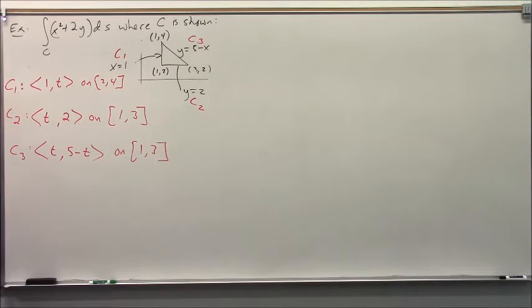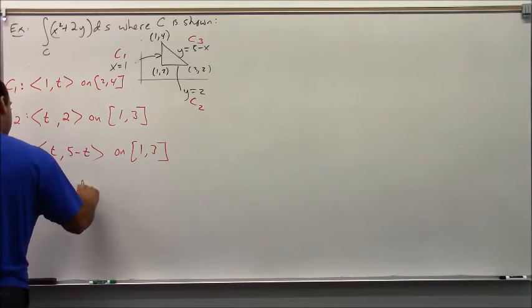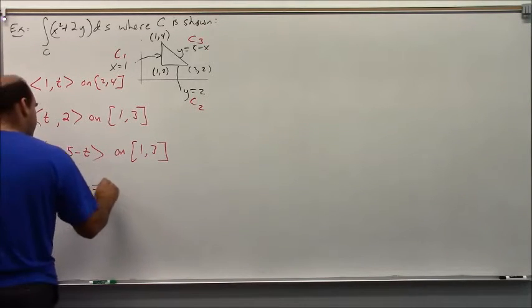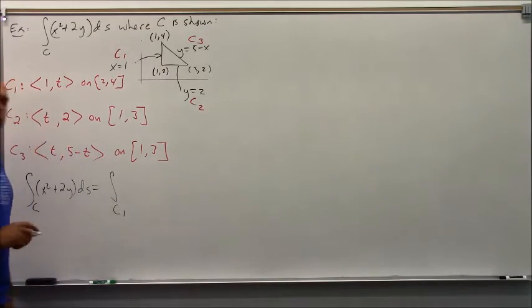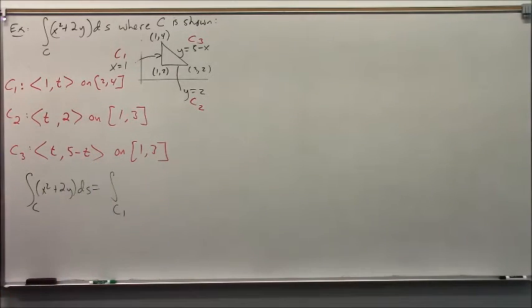All right, so now my path integral over C of x squared plus 2y ds, I can break that up. This is a property of path integrals just like it is for ordinary single integrals and for double integrals and for triple integrals. I can break it up over non-overlapping domains.